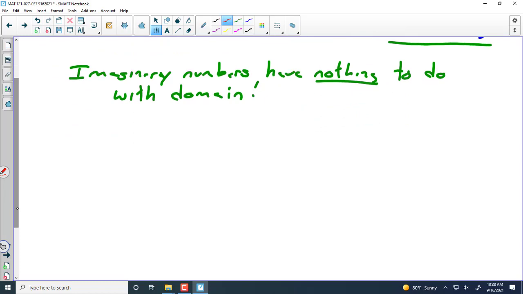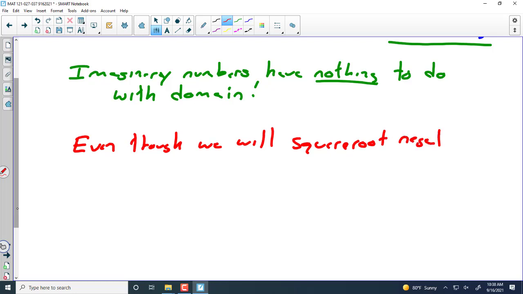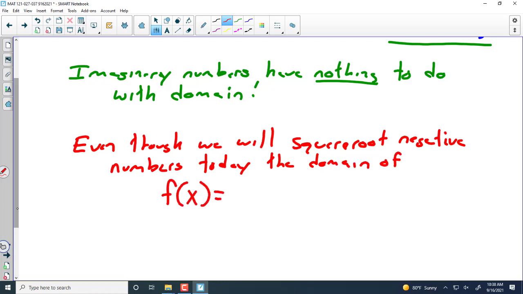So, even though we will square root negative numbers today, the domain of f of x equals the square root of x is still 0 to infinity.